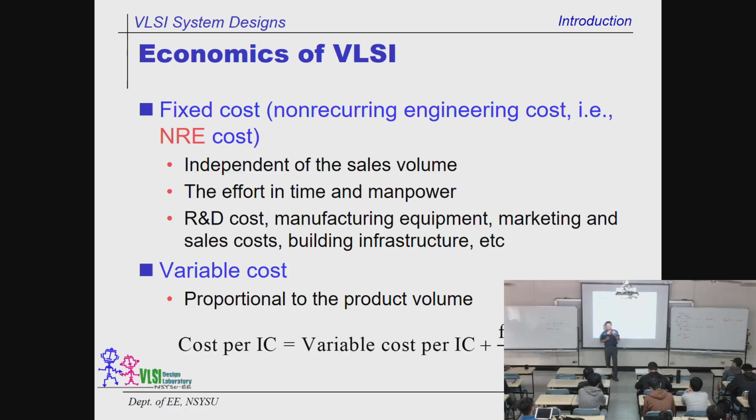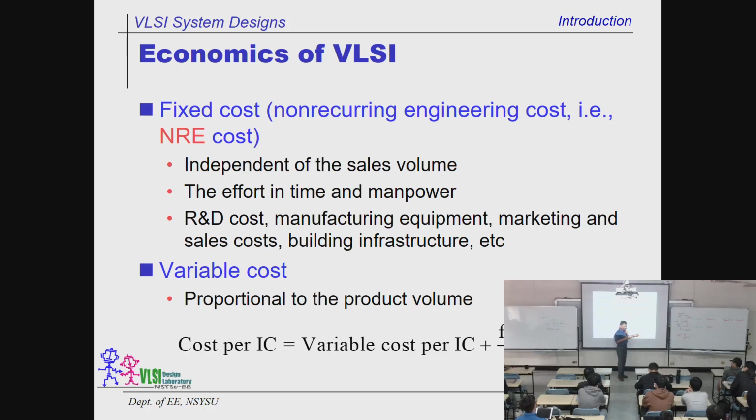So the bigger the volume that you sell, this part will go down. Understood? If you sell 1 million chips, this fixed cost will be divided and spread over the 1 million, so the overhead cost will become small.